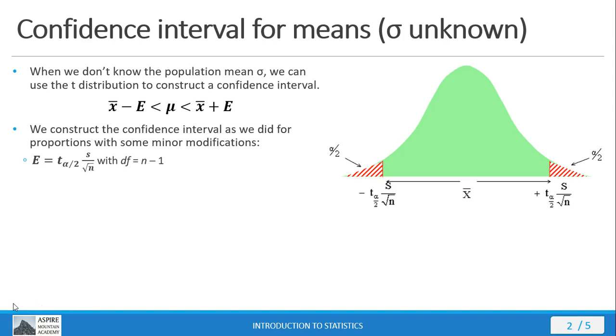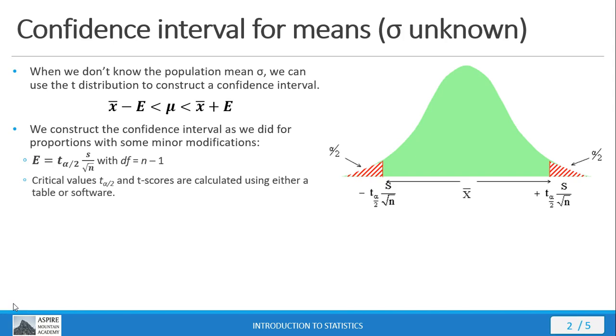First of all, we've got a slightly different equation for calculating our margin of error. And because we're using the student t distribution, we have to take care to recognize degrees of freedom, which of course is 1 less than the sample size.